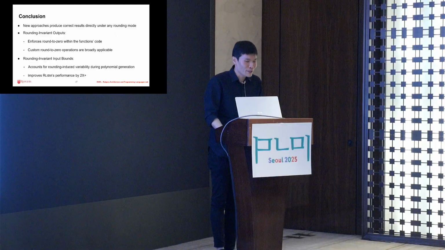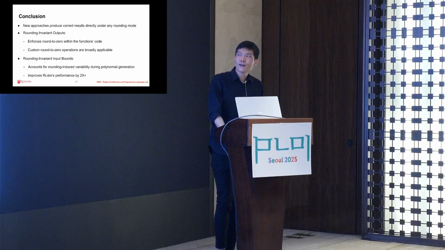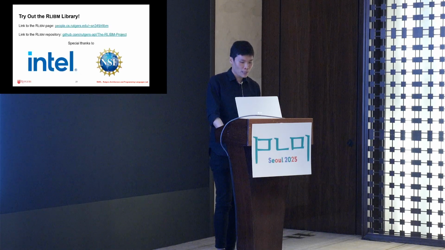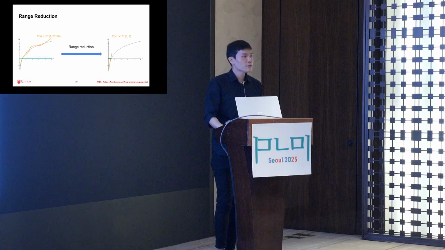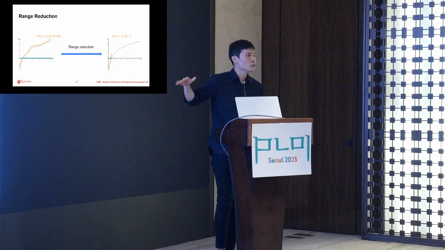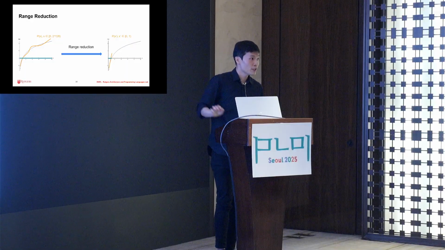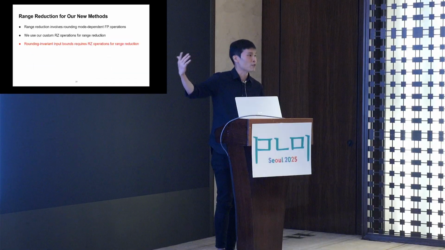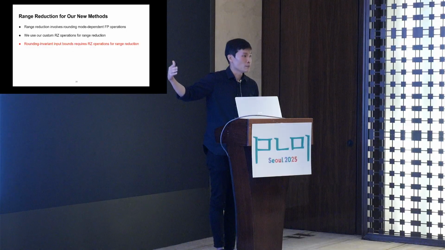So that's a great question. In my talk, I primarily talked about polynomial approximations, but elementary function implementations do a little bit more than that. For example, as a first step, elementary functions have to perform a process known as range reduction to enable the usage of low-degree polynomials. And these range reduction steps are essentially floating point operations as well, and they're also rounding mode dependent.